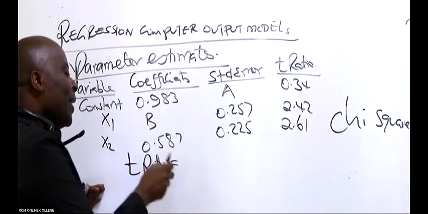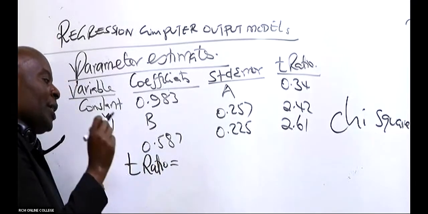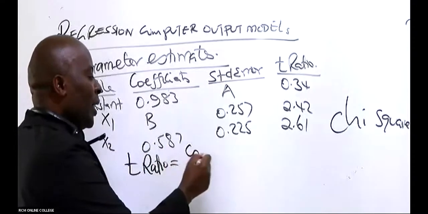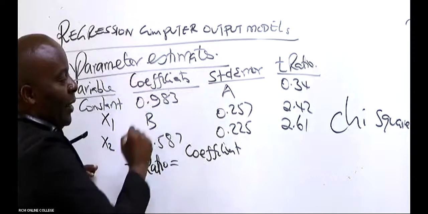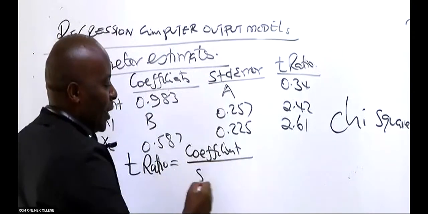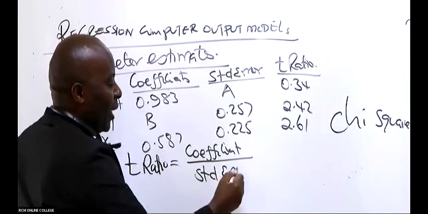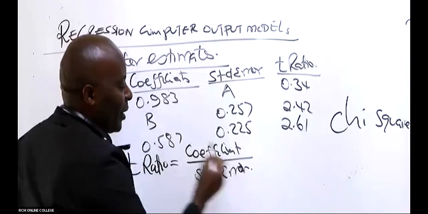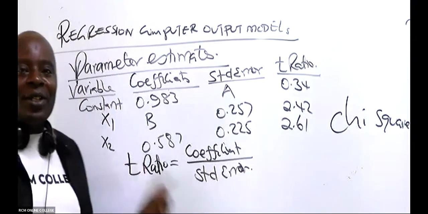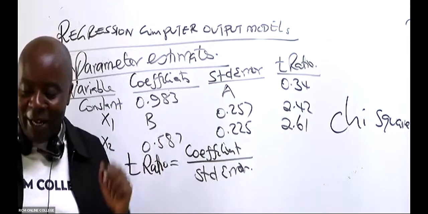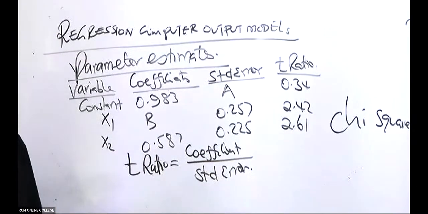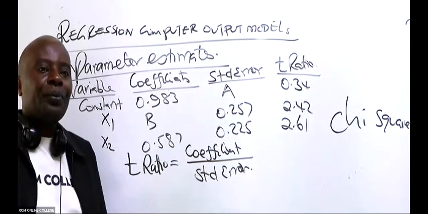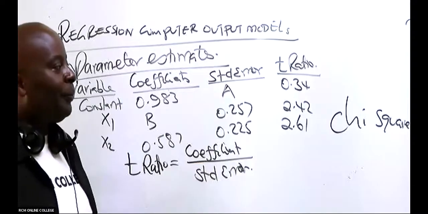Anytime they want us to calculate the T ratio, we normally take the coefficient itself, the parameter itself, and then you divide it by the standard error. First, we are computing the T ratio, and then we read the T table value. So anytime they want us to get the T ratio, we take the coefficient, we divide this by the standard error.